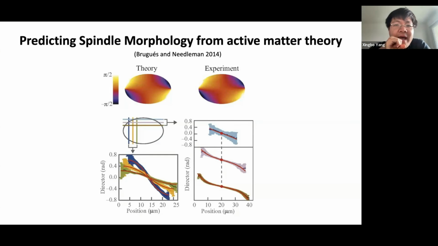You can use active matter theory to predict the morphology, or the local mean polarization, of the spindle, and that agrees perfectly with experiments if you just impose a simple boundary condition where the microtubules have to be aligned with the edge, and there are two local defects at the poles. Then, without any fitting, you can predict the polarity field inside the spindle accurately. So this is another message.